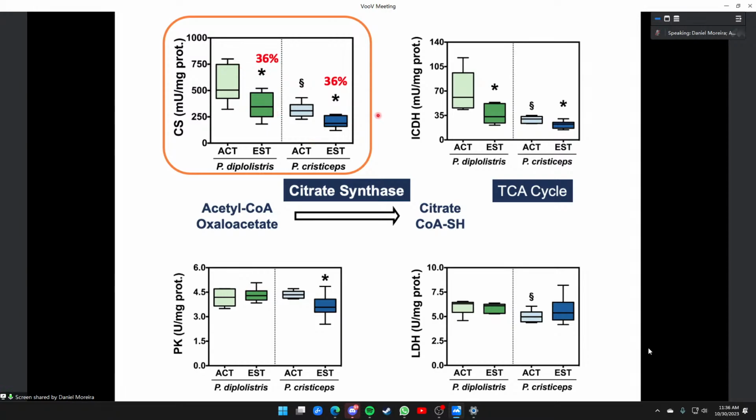So let me just go through this axis here. In the x-axis, we have active animals and estivating animals, active and estivating. And on the left, we have Pleurodema diplolistris, and on the right, Proceratophrys cristiceps.